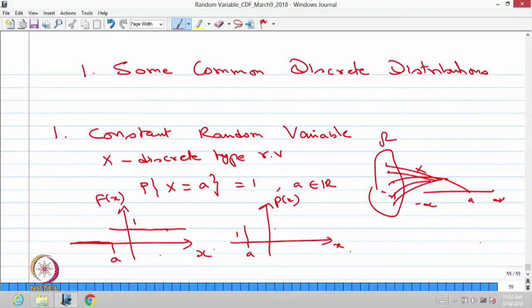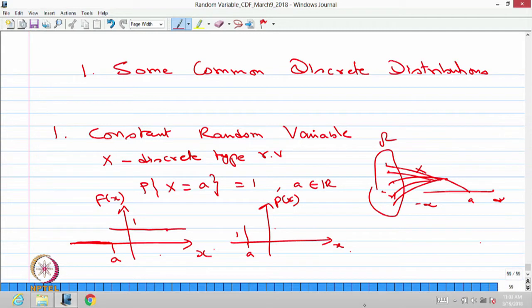Therefore, it is called a constant random variable. That means any constant can be represented as a random variable with probability 1 at that point. It is a very important result. The CDF has only one jump and the probability mass function is at only one point with the value 1, otherwise it is 0.